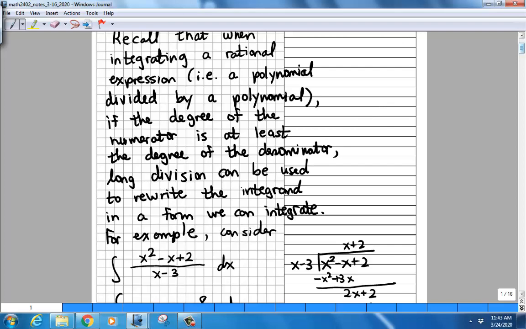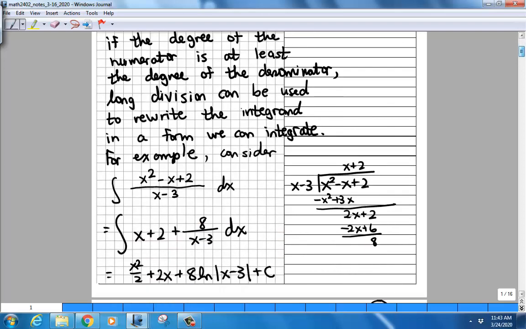So here's an example where we can use long division. Here we have x squared minus x plus 2 over x minus 3. The degree of the numerator is 2, and the degree of the denominator is 1. So when the degree of the top is bigger than the degree of the bottom, we can use long division to divide the bottom into the top. That's what I've done here on the right-hand side.